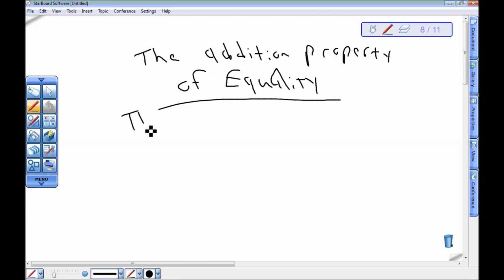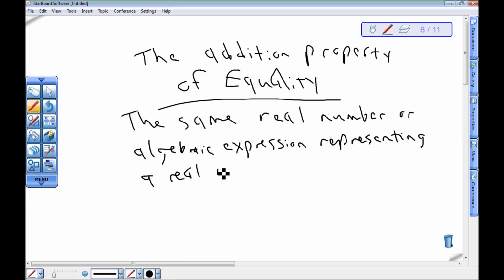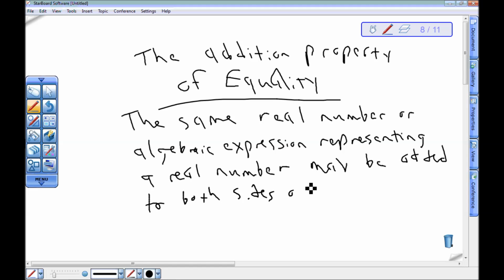This basically says the same real number or algebraic expression representing a real number may be added to both sides of an equation without changing that equation's solution set.